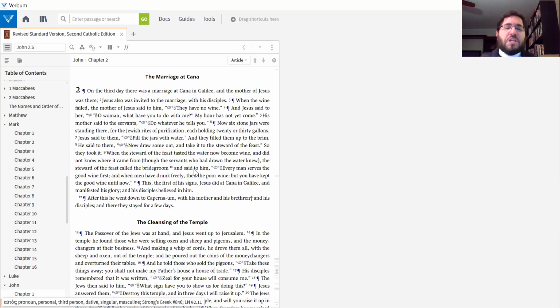So John caps it. And he says, this, the first of his signs Jesus did at Cana in Galilee. And, pointing ahead, what's the sign doing? It manifested his glory, made present, made visible, made real his glory.